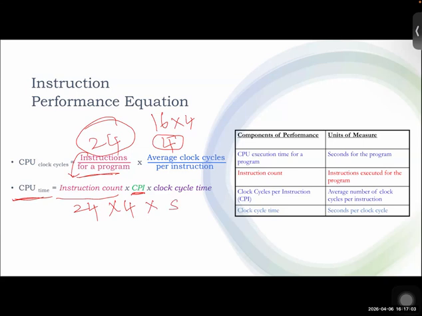If it is in seconds, the time will be in seconds. So that is the CPU execution time, or we say the performance evaluation of the CPU based on instruction count.